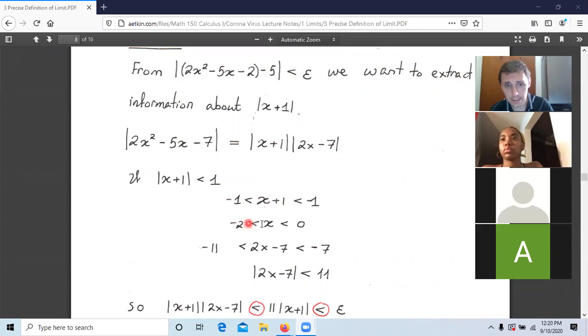The numbers keep the same relationship to each other, so I get -4 less than 2x less than 0, and then I subtract 7 and I get this line. Are you with me, guys? Can you carry out the calculation there? This is inequality, right? And you, Alexa, good or still not? You just multiply everything by 2 and subtract 7 from everything, and the inequalities are preserved.